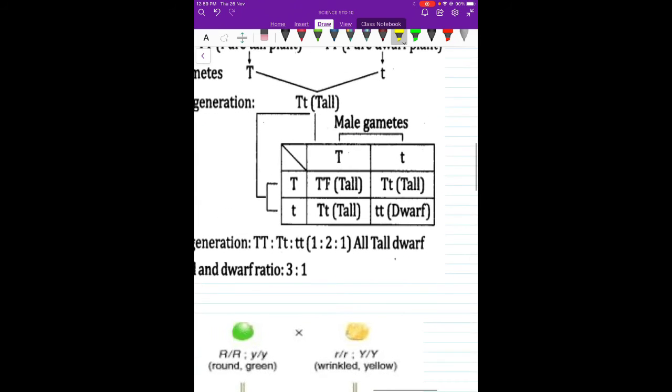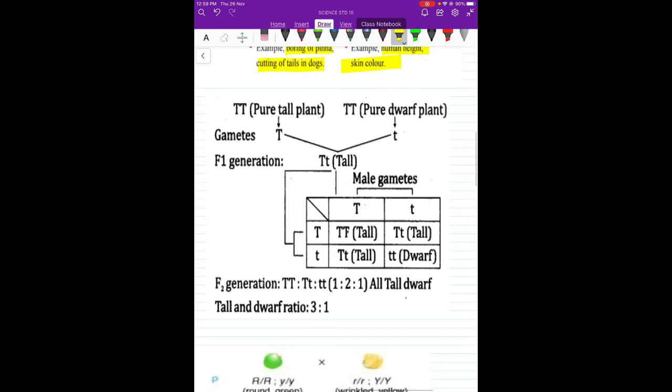You can see this figure, it will exactly tell you what he did. He took a pure tall plant and a pure dwarf plant. This is TT and this is small tt. When he crossed them, he found that the first generation were all tall, because each of them had a Tt combination. So if you see this, it is Tt, Tt, Tt.